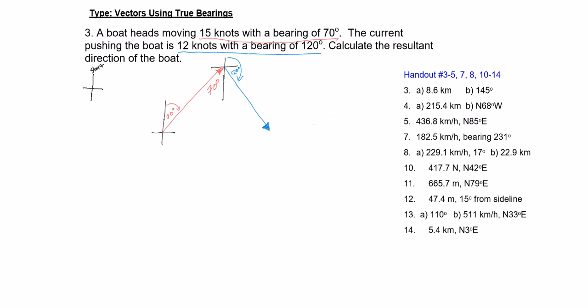Now, using the fact that 180 degrees is a straight line here, if this portion is 120, that means this portion here is, you guessed it, 60 degrees. Therefore, our theta is equal to 70 plus 60, which is equal to 130 degrees.